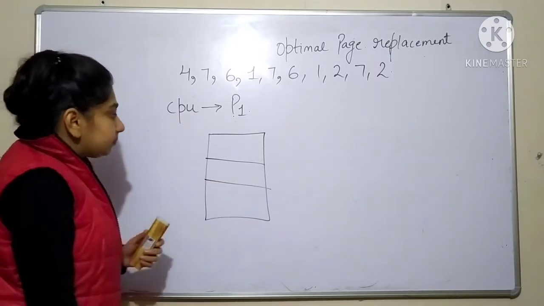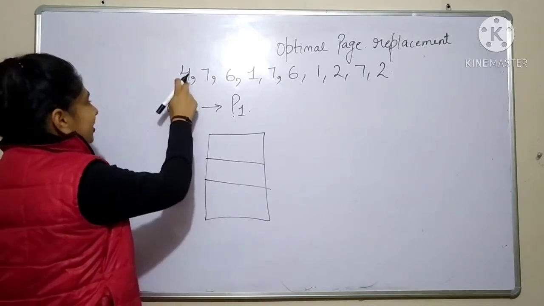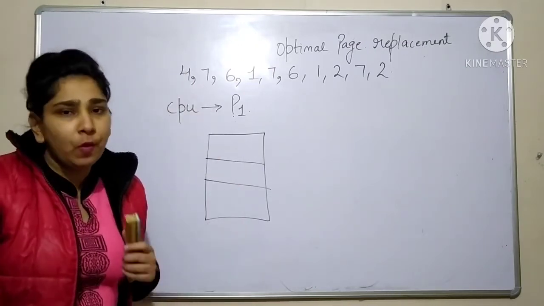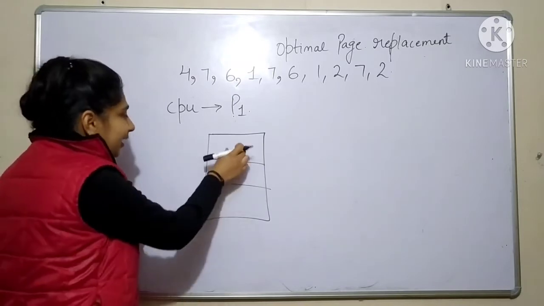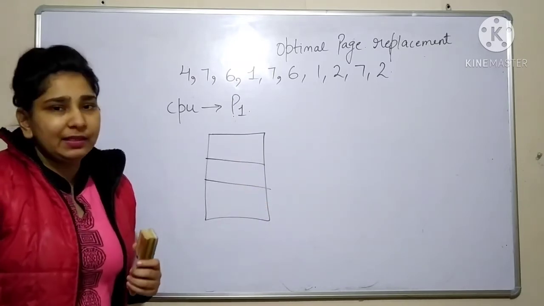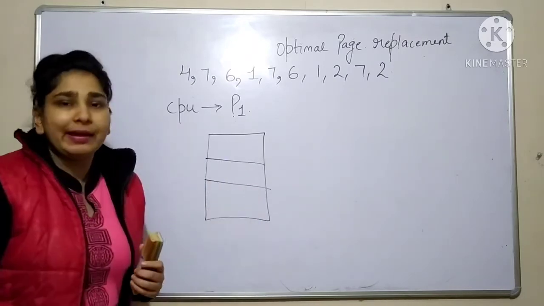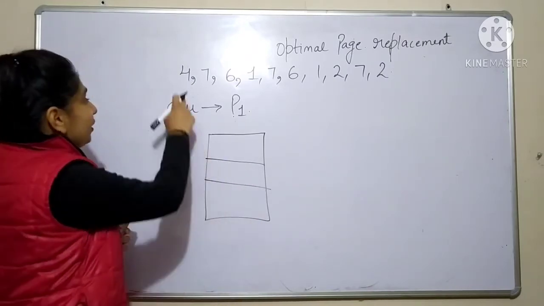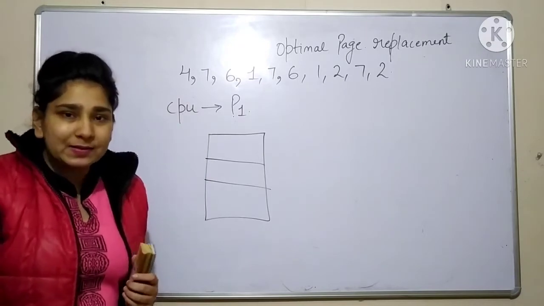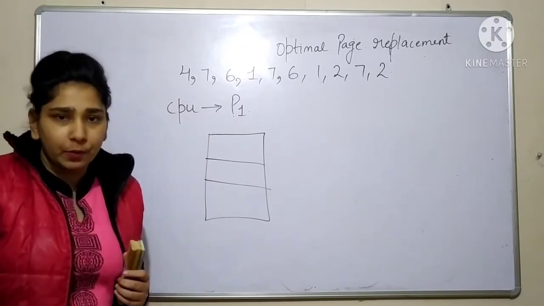Your CPU firstly requests page number 4. Initially there is no page present in the main memory. All these 3 frames are vacant.